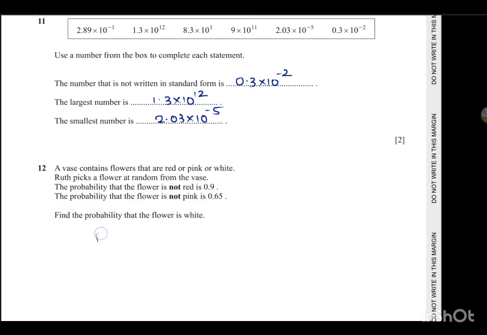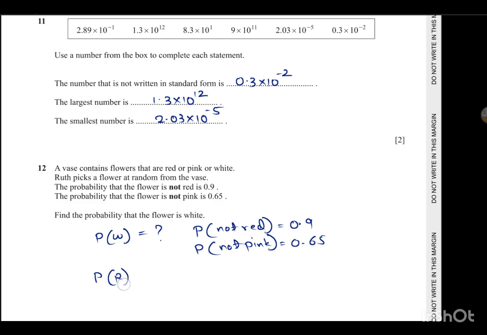So we have to find the probability of the flower which is white. It is given that the probability of not red is 0.9, and the probability of not pink is 0.65. Using these two, we will find the probability of red and pink.